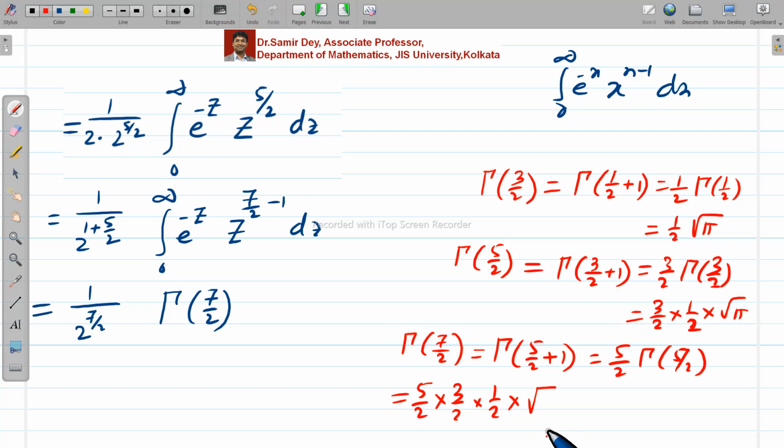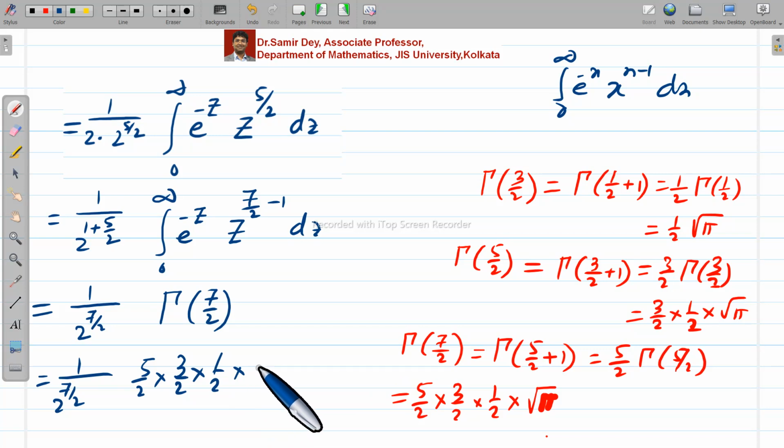Clear? Okay, is it clear? So here we can write directly 1 by 2 to the power 7 by 2, and gamma 7 by 2 means 5 by 2 into 3 by 2 into 1 by 2 into root pi. That is the answer. Clear?